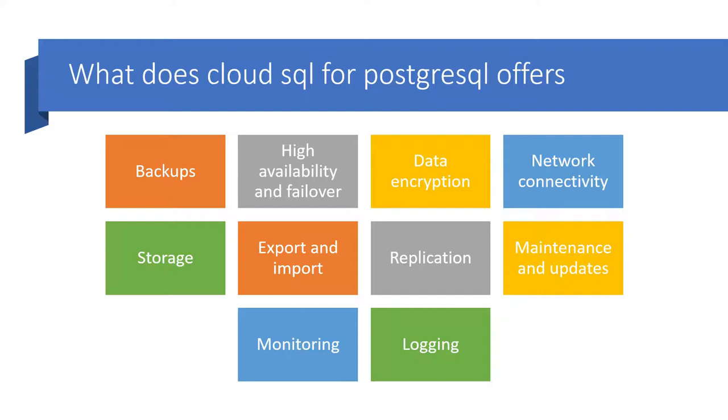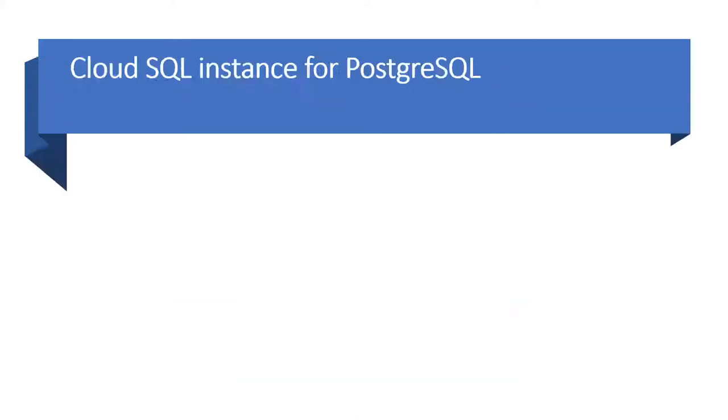The monitoring is very robust in the case of PostgreSQL, and whatever you are doing in the PostgreSQL instance in Google Cloud, which is called Cloud SQL, those activities will be logged.